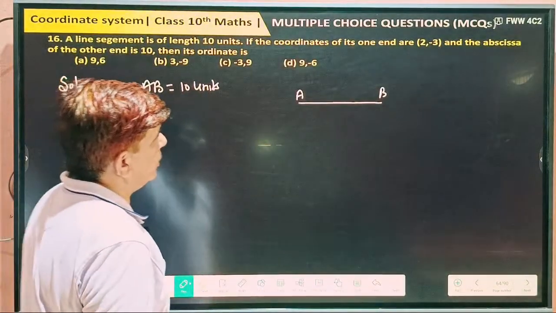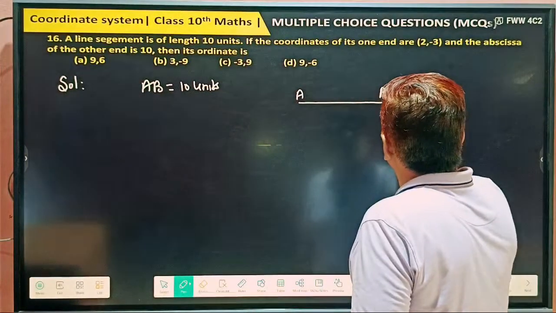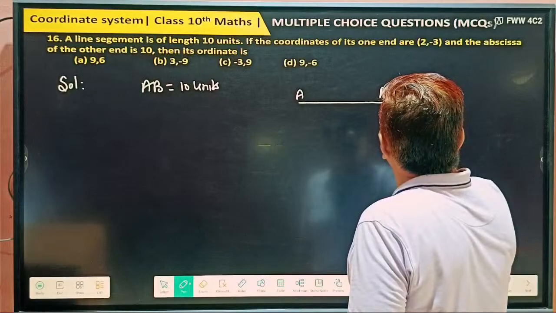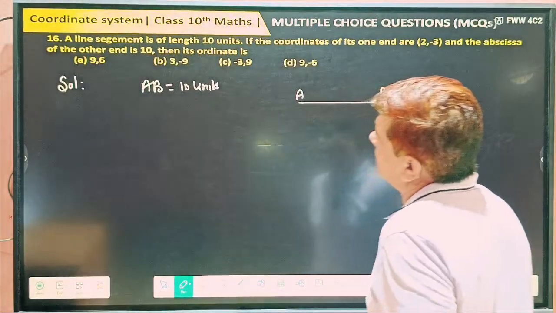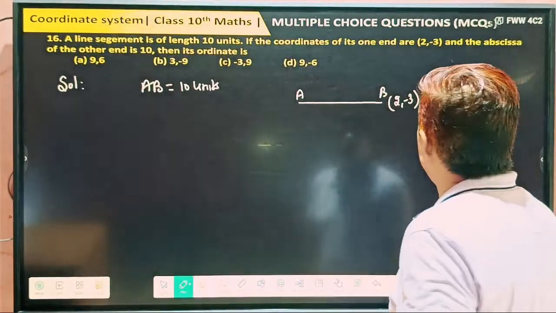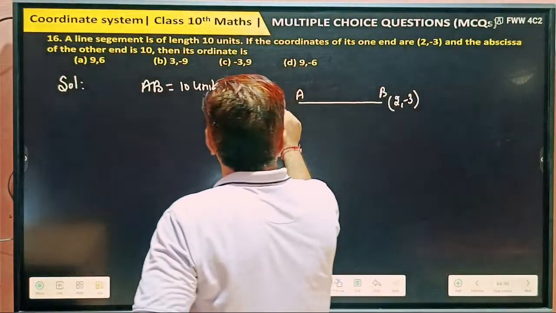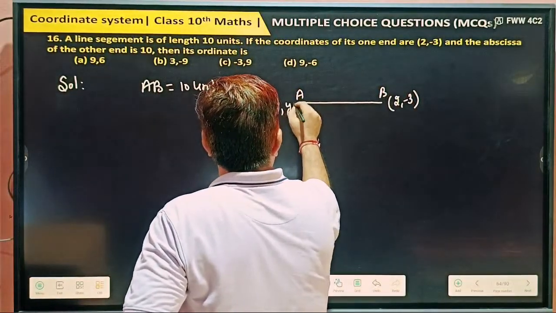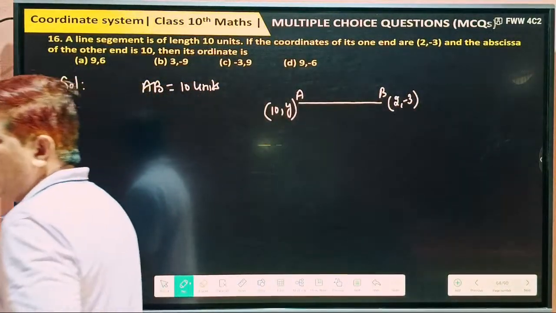If the coordinates of its one end point are 2 and minus 3, and the abscissa of the other end is 10, abscissa meaning x-axis. And y we have to find out.